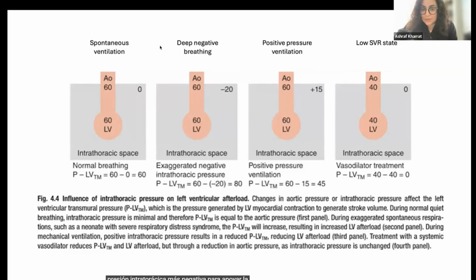When that happens, you can see that the intrathoracic pressure goes down. So now the LV must overcome 60 minus negative 20, so 80. It has to generate a higher pressure just to be able to eject blood into the aorta during systole. So the LV has to work harder in a child with deep negative breathing.